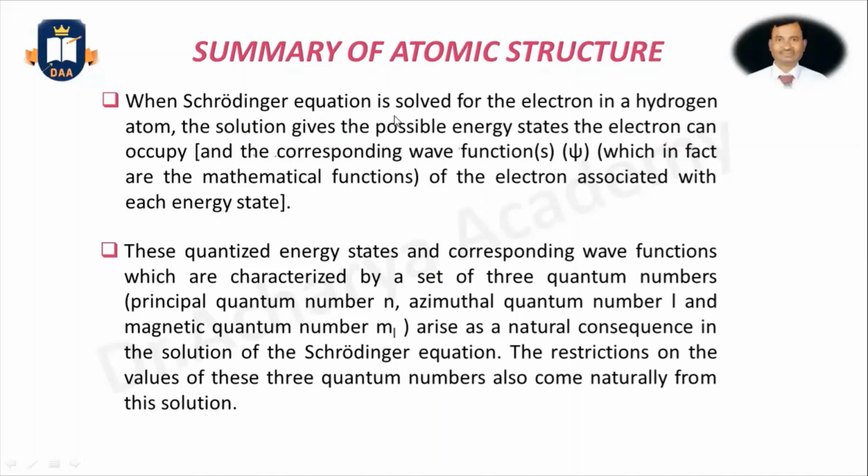When the Schrödinger equation is solved for the electron in a hydrogen atom, the solution gives the possible energy states the electron can occupy. The Schrödinger equation introduced the wave function psi.